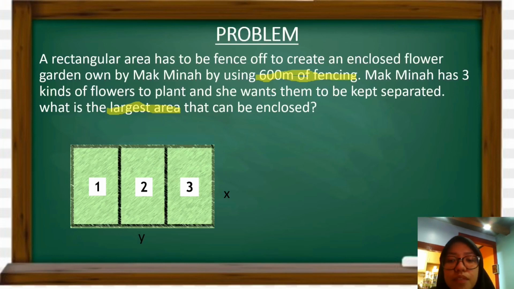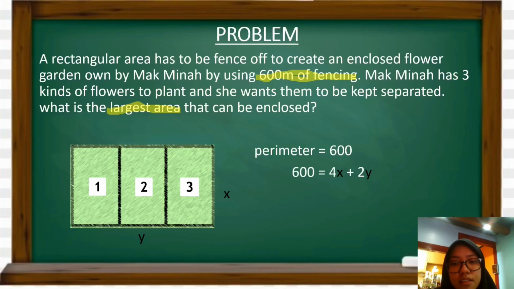And then from the information we know that the perimeter of the fence is 600. So from this we can create an equation, which is 600 equals 4x plus 2y.